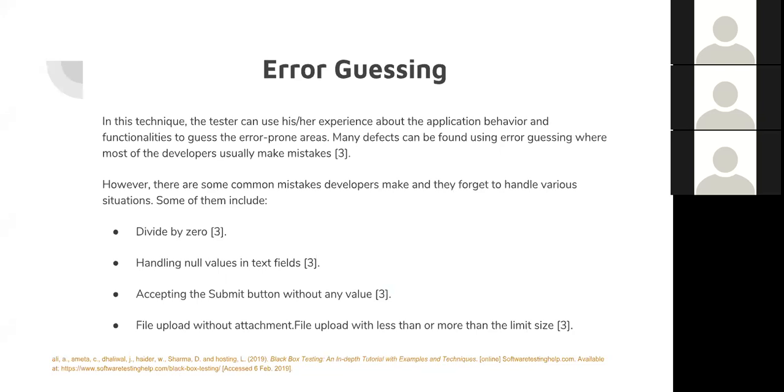Now, there are some things to watch out for as a developer, and some common mistakes that we found are that developers may divide by zero, mishandle null values in text fields, accept the submit button without any values, or allow file uploads without attachment files, or those files may exceed some size limit given by the program.